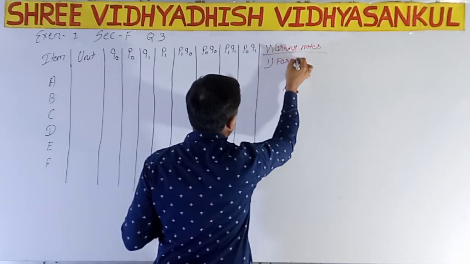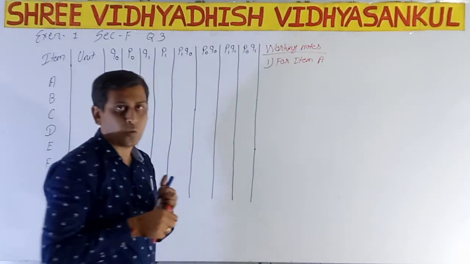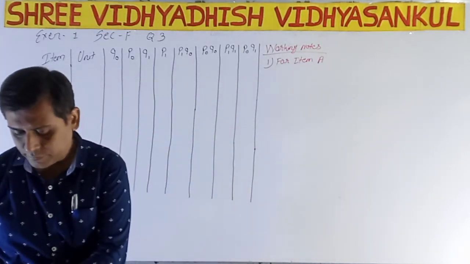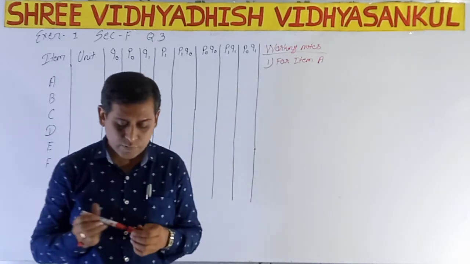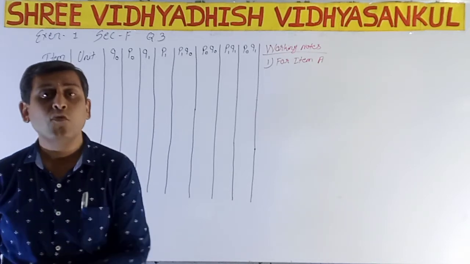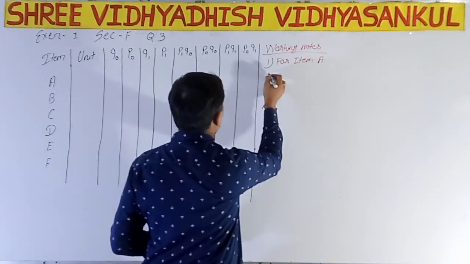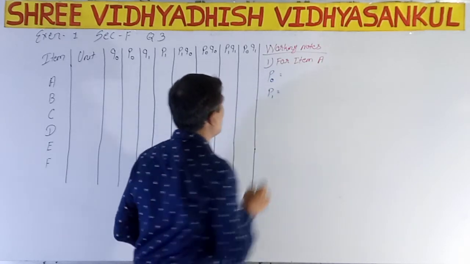For item A, what is the working note for item A? See here, 20 kg is given, right? And here 20 is the extra amount, so we have to convert the price of the base year as well as the price of the current year.